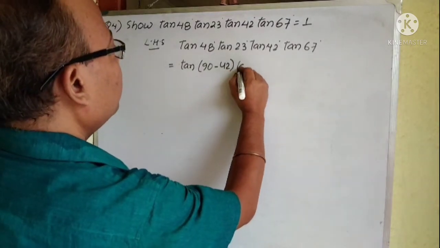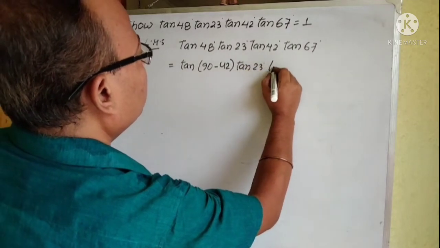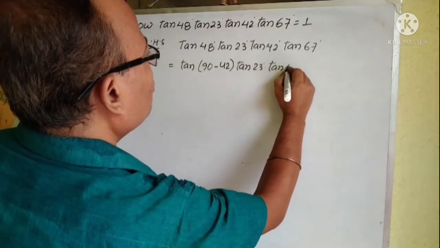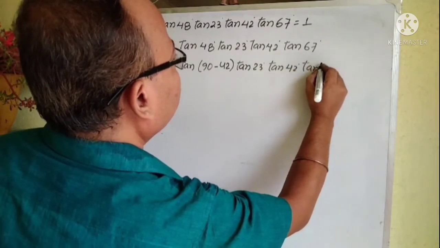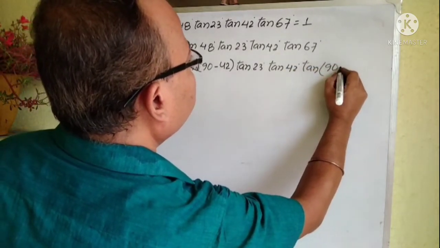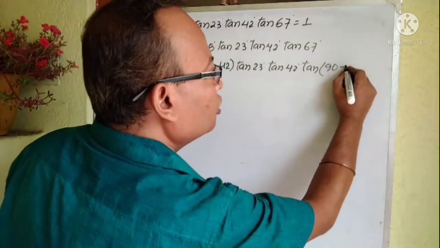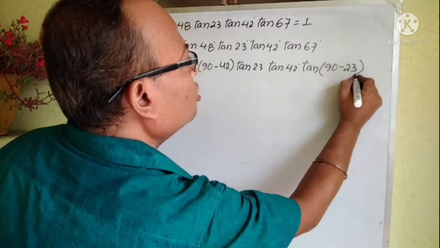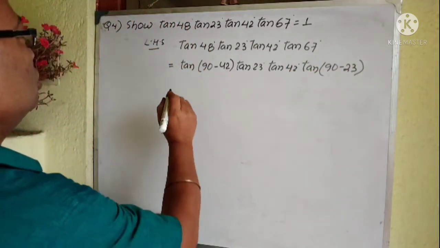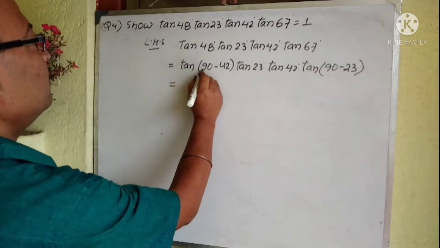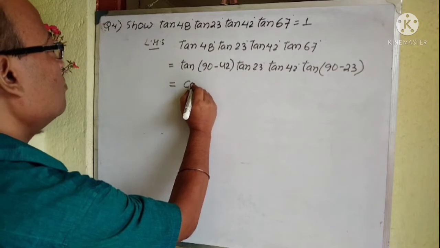48 can be written as 90 minus 42, is it? Now tan 23, then tan 42, tan 67. 67 can be written as 90 minus how much? 23. So 67 can be written as 90 minus 23. So here tan 90 minus theta will be how much?